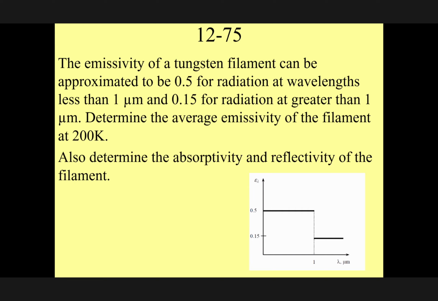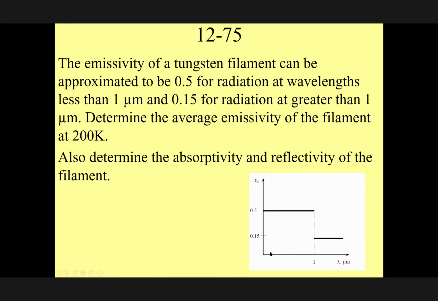The emissivity of a tungsten filament can be approximated to be 0.5 for radiation at a wavelength of less than 1 micrometer and 0.15 for radiation in the greater range. Therefore, if I want to plot it, emissivity is a function of the wavelength.